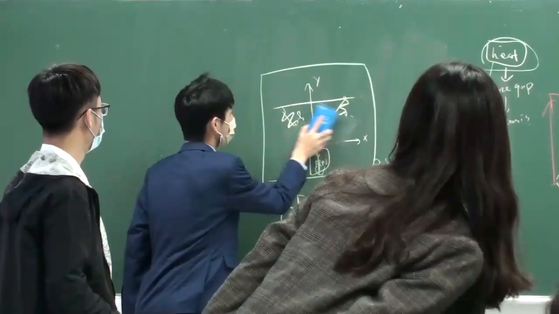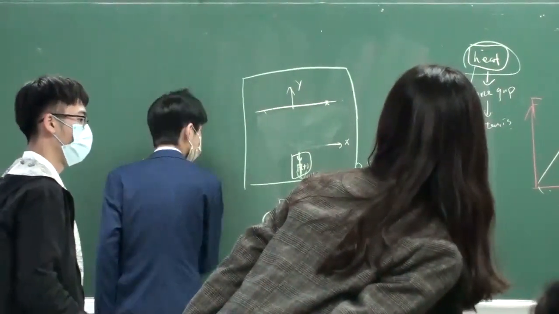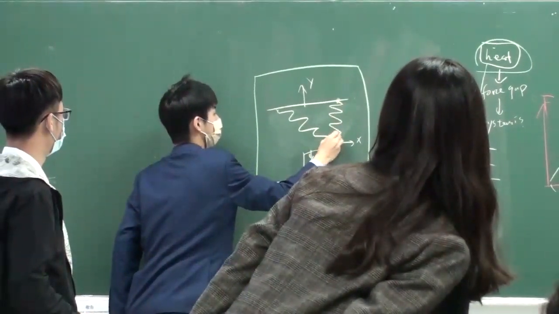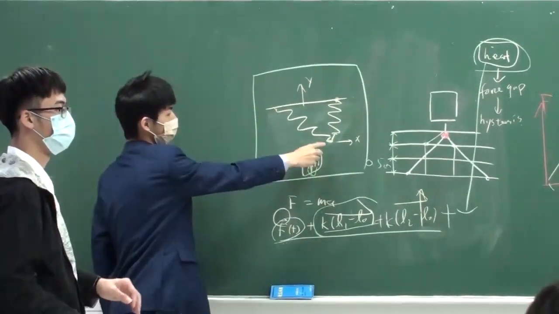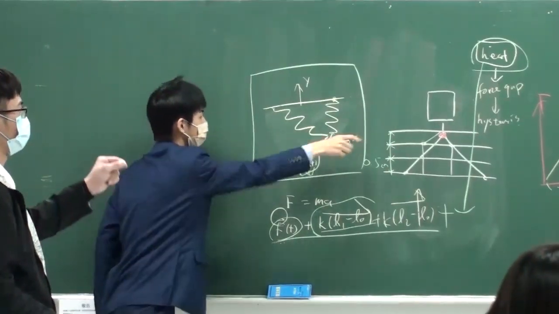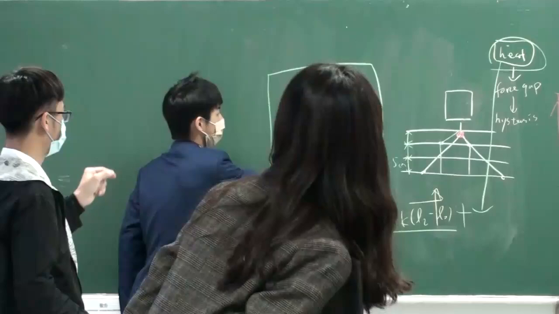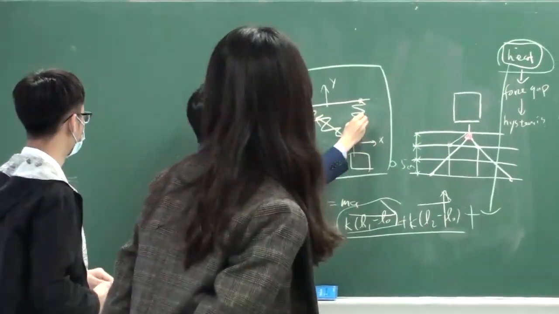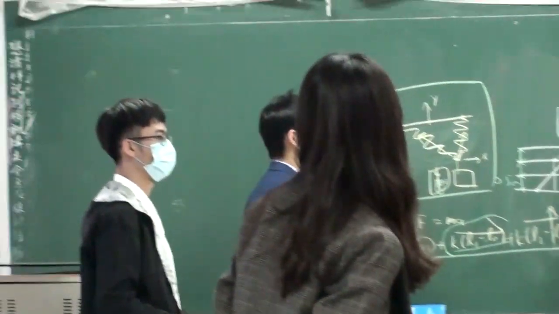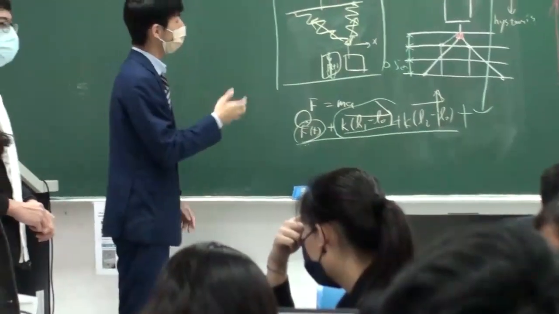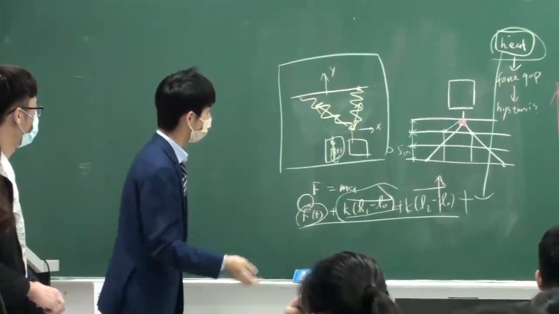But if the diagram is like this, it is not symmetric. So there's a horizontal displacement of the force sensor, and this force and this force could not be symmetric. So a 2D system is more accurate.